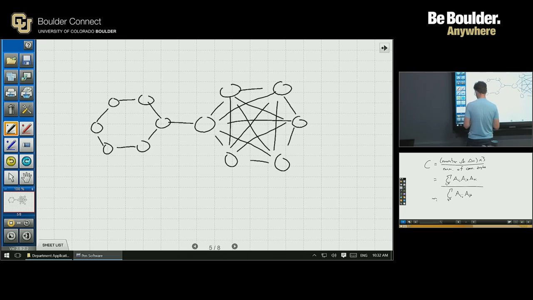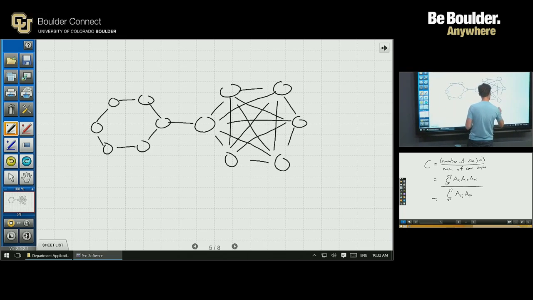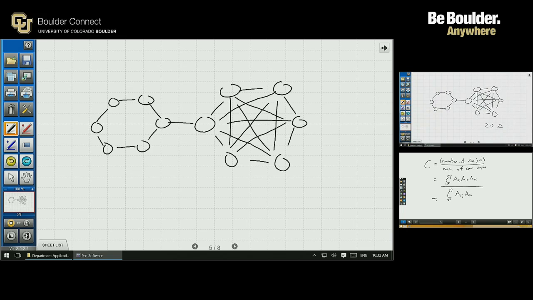what I got was, the clique has 20 triangles and 60 wedges. But you have to multiply through. And there are some wedges over here, too. And they're not closed.